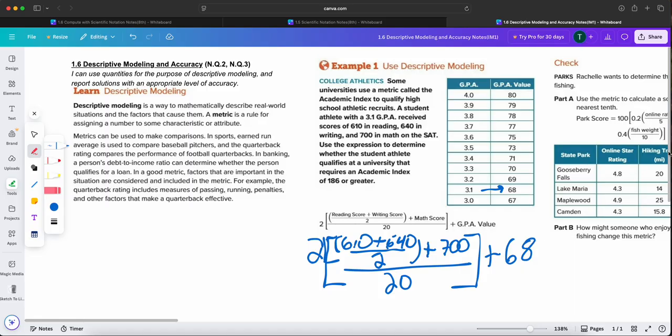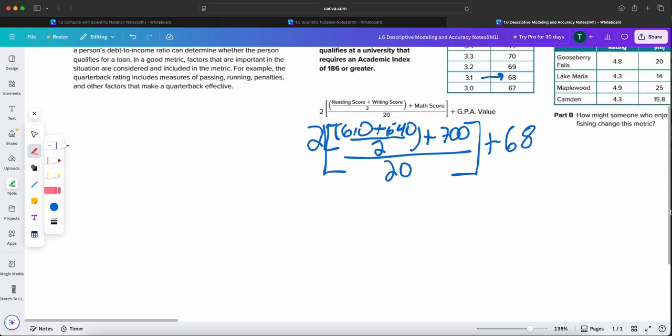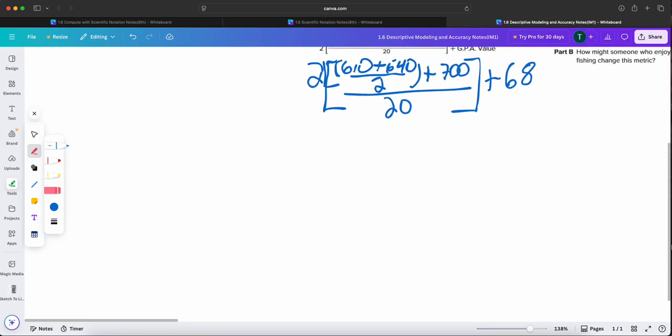So then we're going to go ahead and simplify this. Based off order of operations, the first thing we should do is our parentheses. So we're going to have 2 brace. We would take 610 plus 640, which is 1,250.